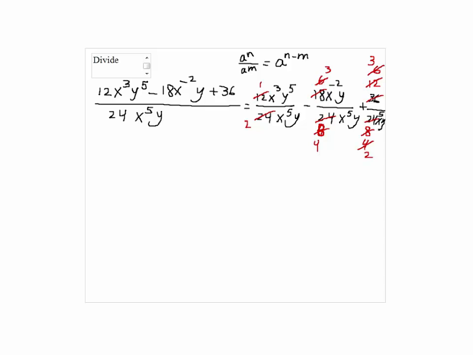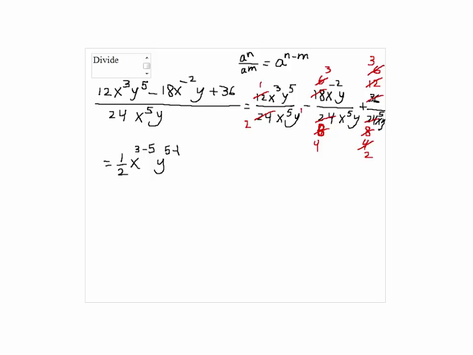So half of 12 gives me 6, and half of 8 gives me 4. And again, they are factors of 2. So half of 6 would be 3, and half of 4 would be 2. So you can keep reducing until you get to the lowest term. If you can find a higher number, of course, you can do that as well.